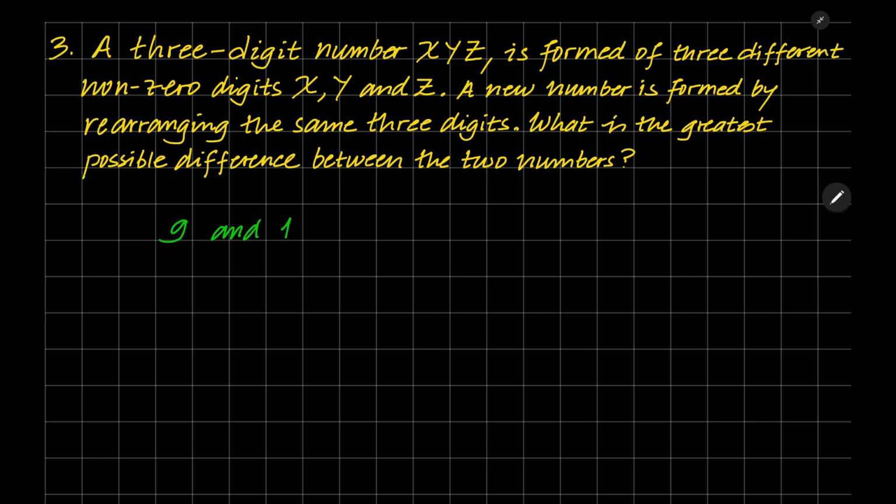Let's assume digit 1 in order to make a number in the hundreds and a number in the 900s. So the large number will look like 9, n, 1. And the small number will look like 1, n, 9, where n is a digit from 2 to 8.